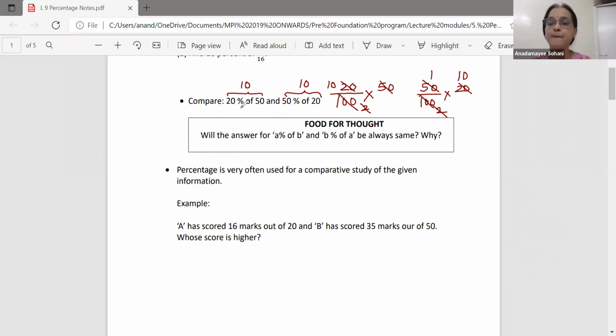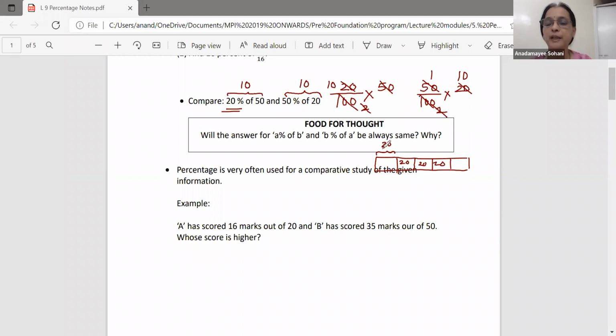I would want to draw a train again. What is the meaning of 20% of something? If I'm drawing one whole and I want 20%, it means I am taking 1/5. This will be 20, 20, 20, 20, 20.